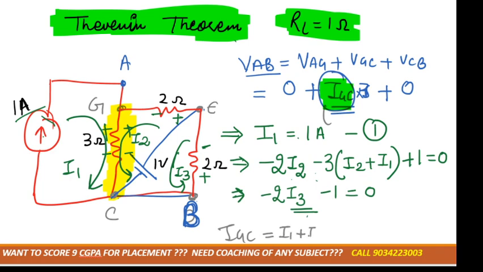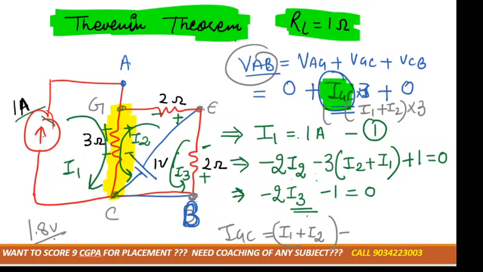Yes, I1 plus I2. So we can solve these three equations, we'll get the value of I1, I2, then we can put it down I1 plus I2 multiplied by 3. From this we'll get the value of VAB, right? So VAB answer is 1.8 volt. You can check it later on.